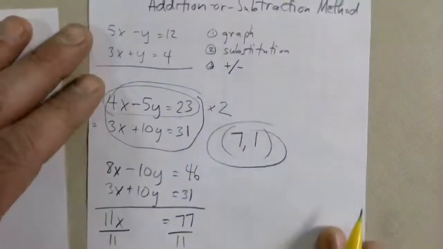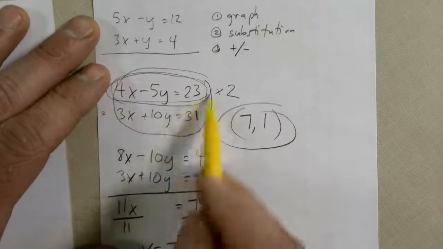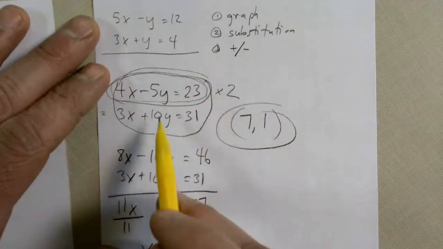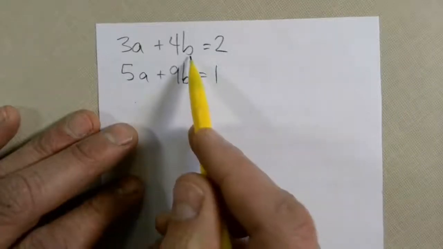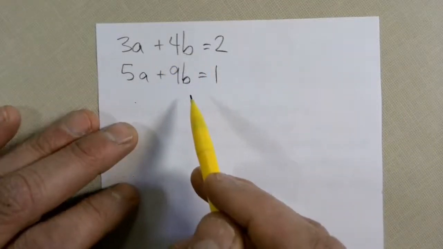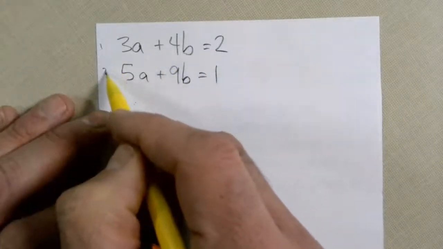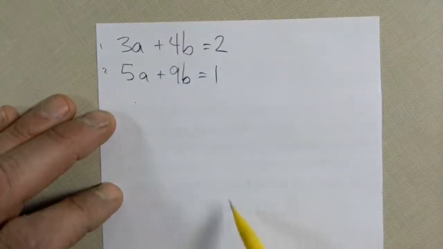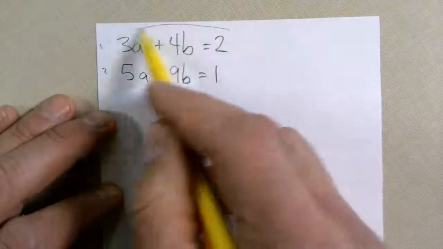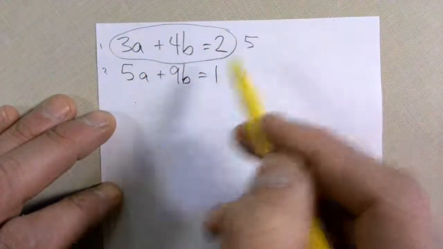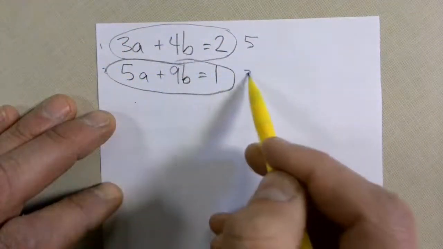In the last situation, all we had to do was multiply the first one by 2 to make it be a 10. But there's no corresponding change here. So what we're going to do is change equation 1 and equation 2. So let's pick the variable a to eliminate. We're going to multiply this one by 5 and this one by 3.